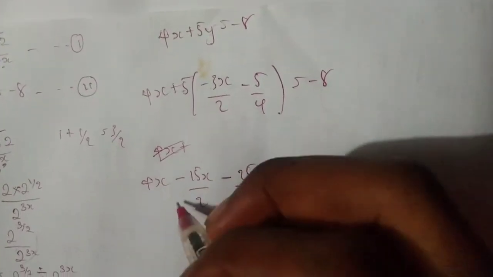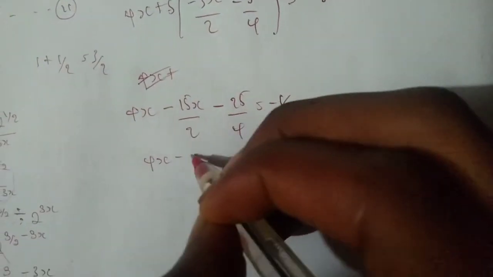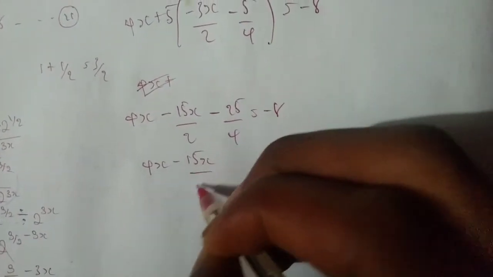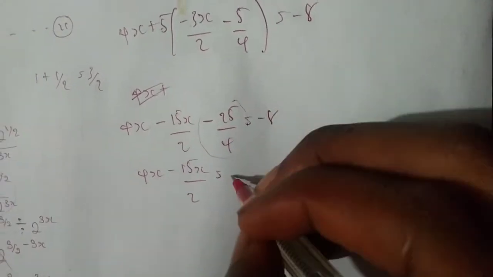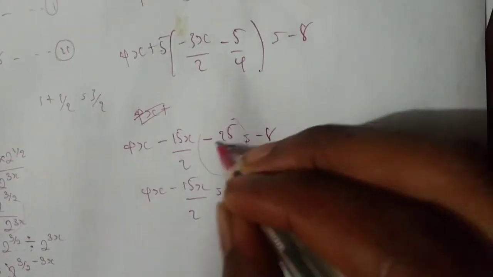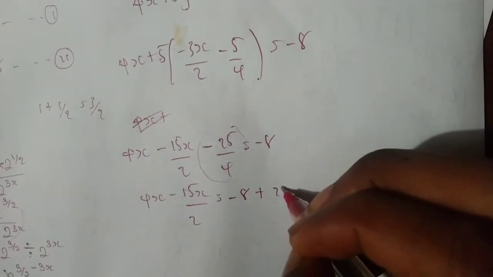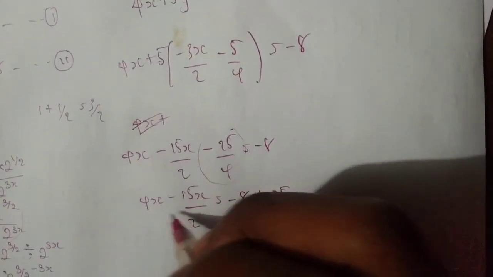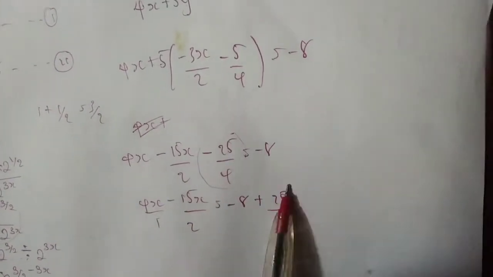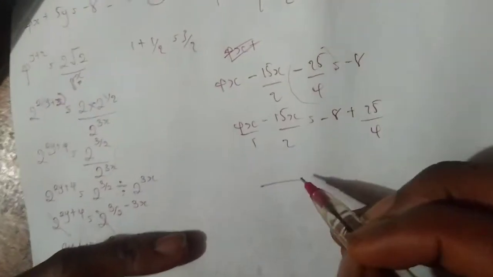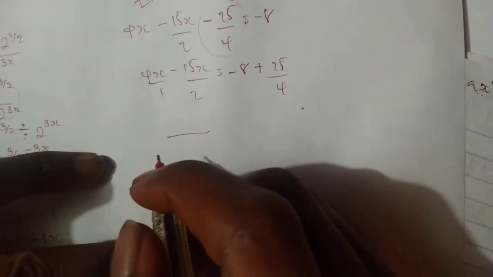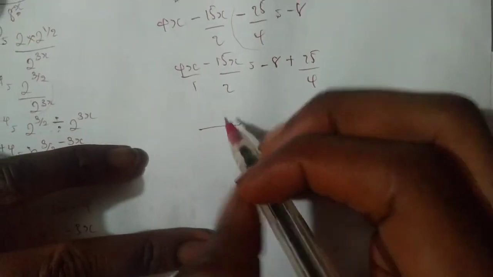So we can collect like things. We have 4x minus 15x all over 2 is equals to, when we collect like things, this whole value goes over, this minus 8. When this goes over, we have plus 25 all over 4. So we can find the LCM.